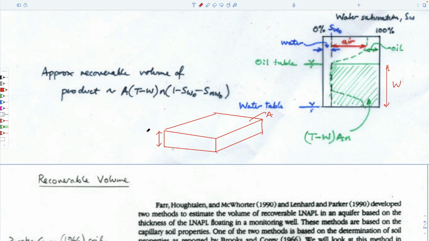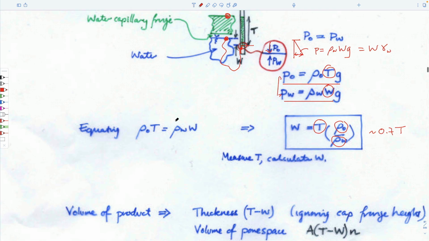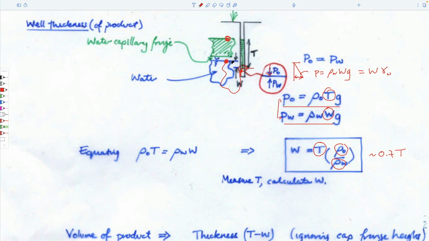How would you do it? This is T. This is W. So this is T minus W. Right? T minus W is this length here.